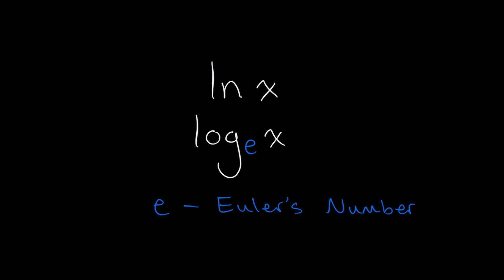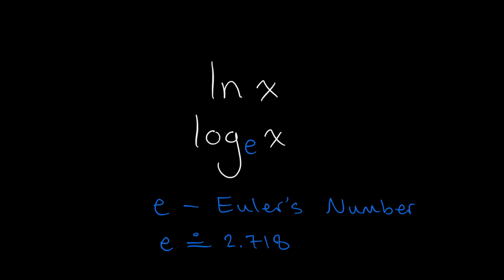And to give a quick recap on what Euler's number is, it's basically an irrational number, which is approximately 2.718, just like pi or the square root of 2. And when it's used as a base of a logarithm, it implies that it is the natural logarithm. So ln of something is just a quicker and usually more efficient way of rewriting the expression log base e of something.